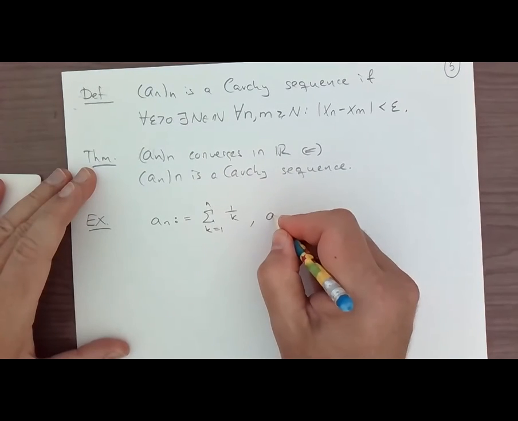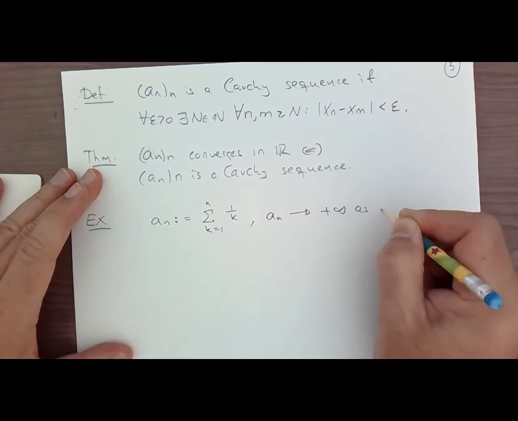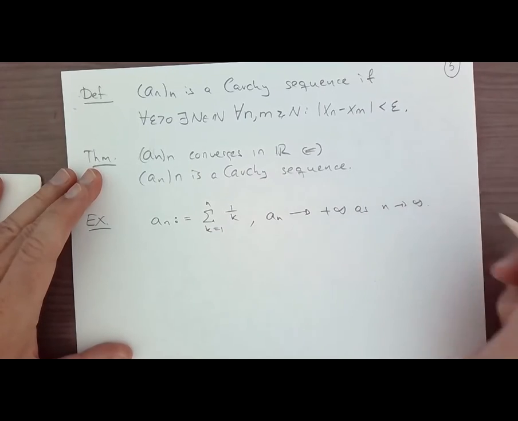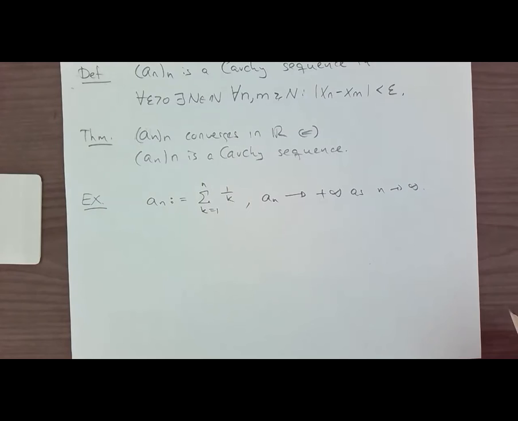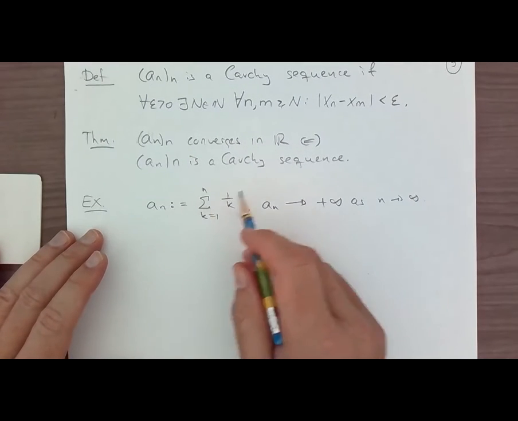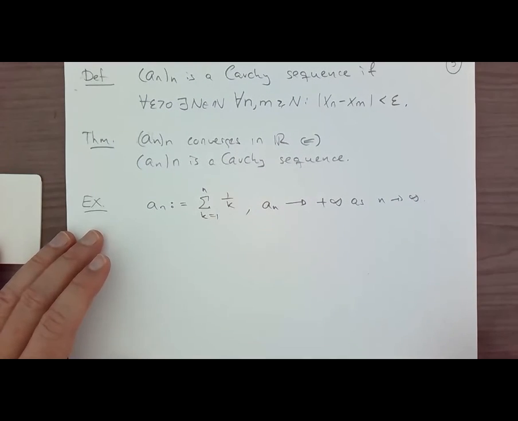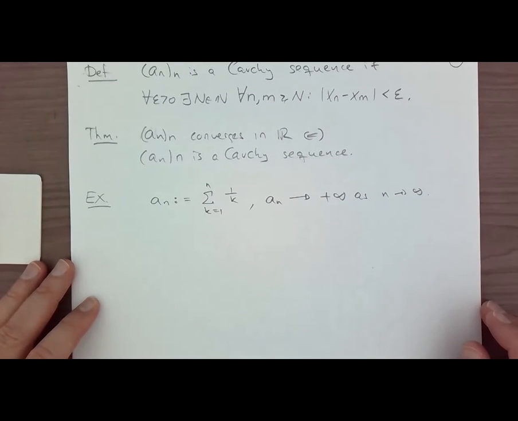And what we know is that a_n goes to plus infinity as n goes to infinity. We know that the series here, even though the terms decay, when you add it up and you look at the limiting point, you're going to get plus infinity. There was an example we spent some time on a few weeks ago.